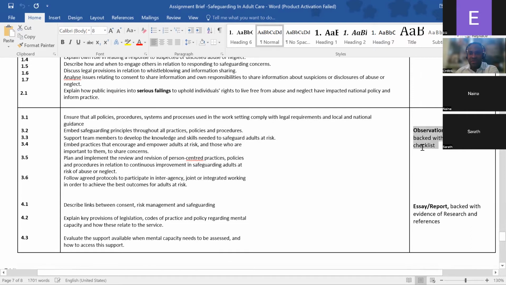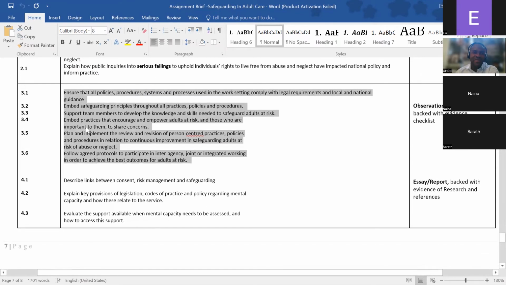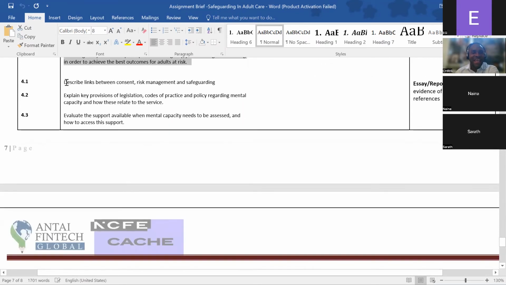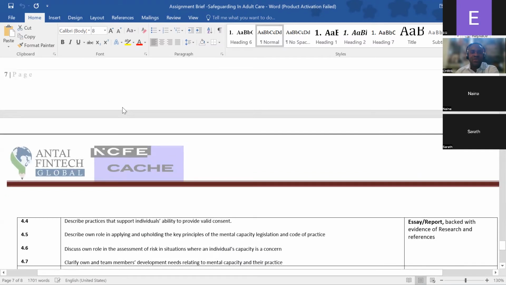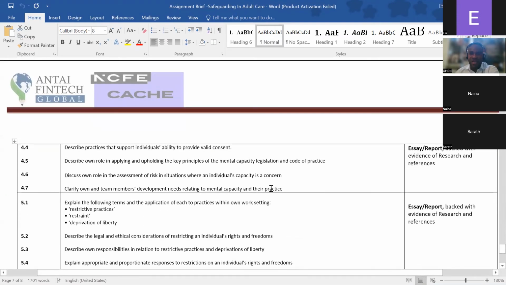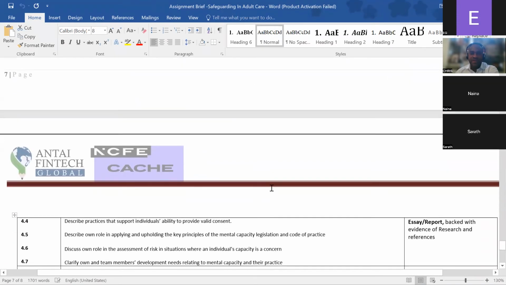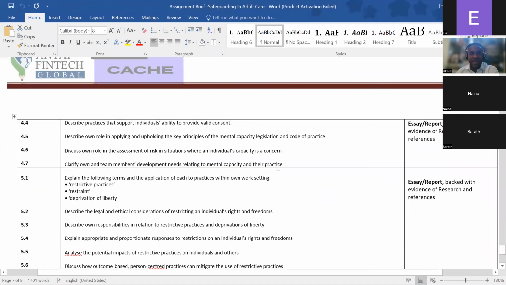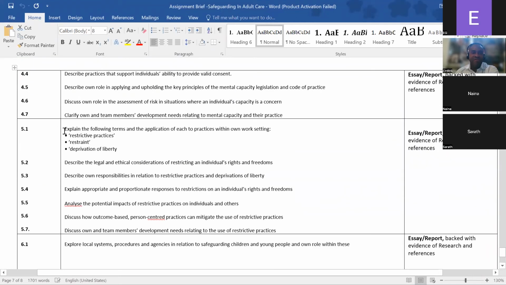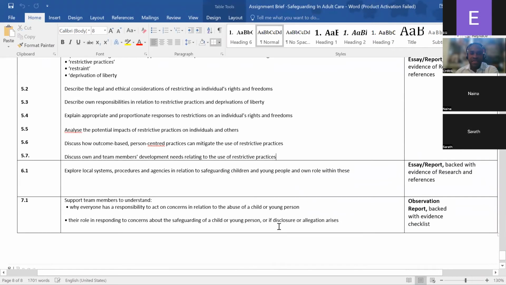So you're not going to write anything here. That's some good news there, isn't it? And 4.1 to 4.7, we are going to write reports or essay. Then 5.1 to 5.7, we are going to write report, essay.